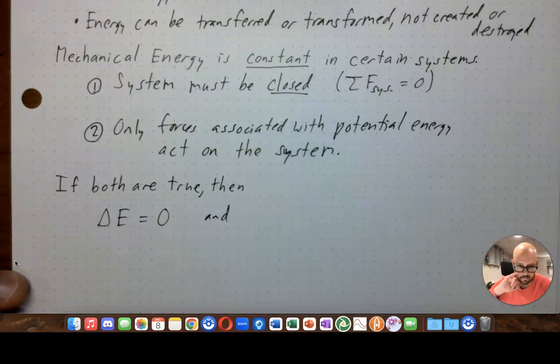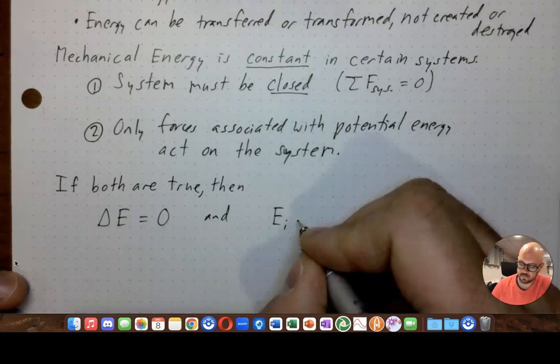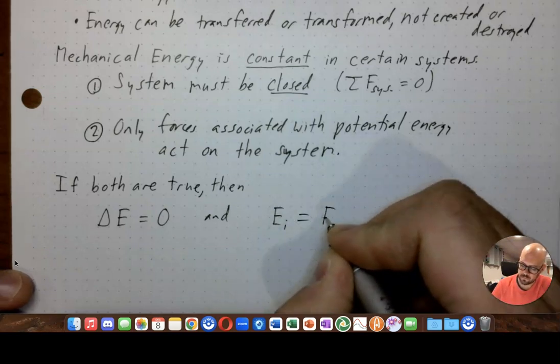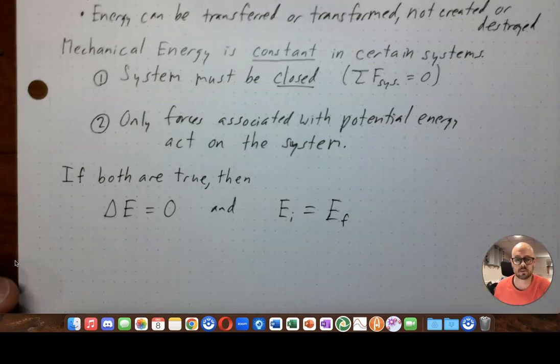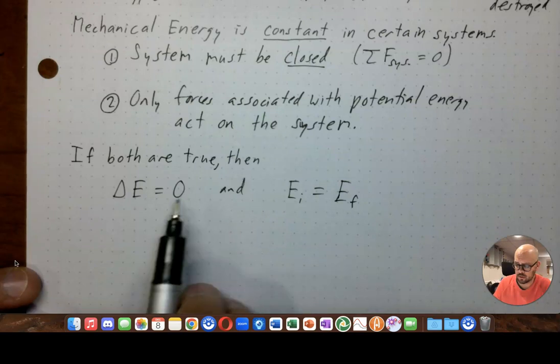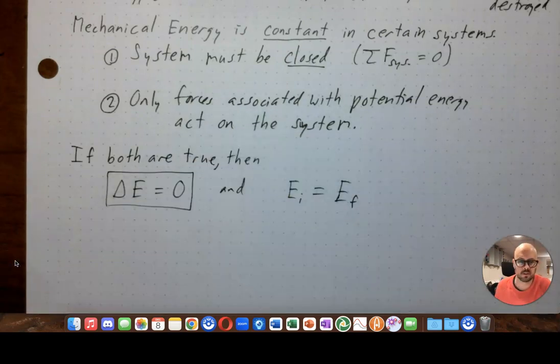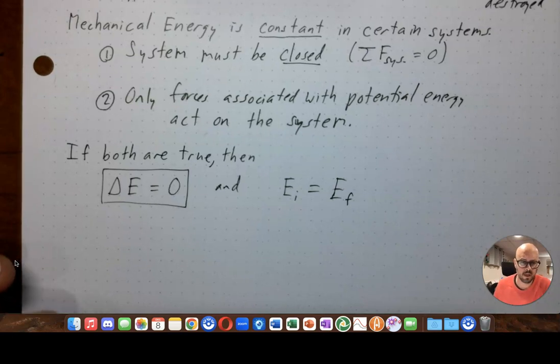And the other way we can write that is that the initial amount of mechanical energy is equal to the final amount of mechanical energy. Now, those two statements are exactly the same thing, and I just want to show you how you get from one to the other. This is probably the most common way that a problem would have you think about this. The change in energy is equal to 0.